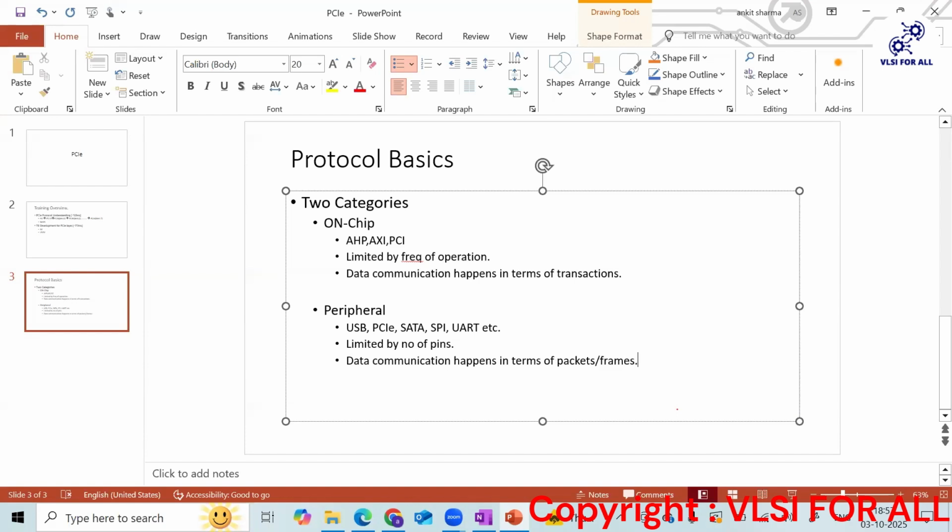Any other difference? We have lots of differences, but at the top level only we are discussing.